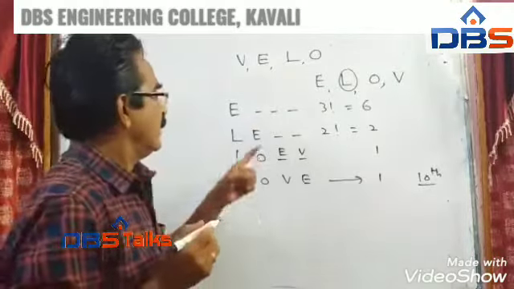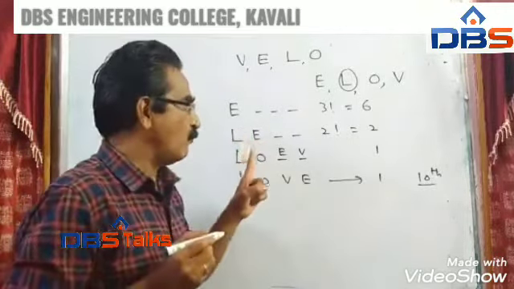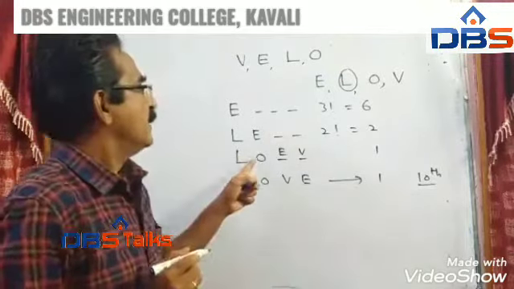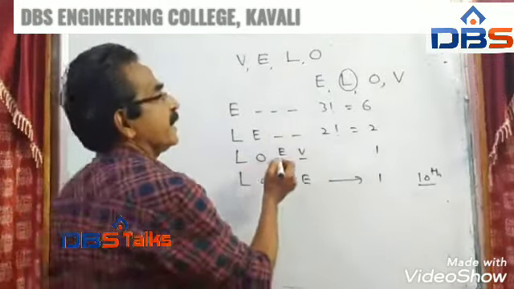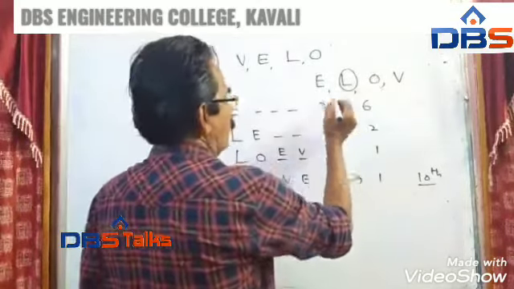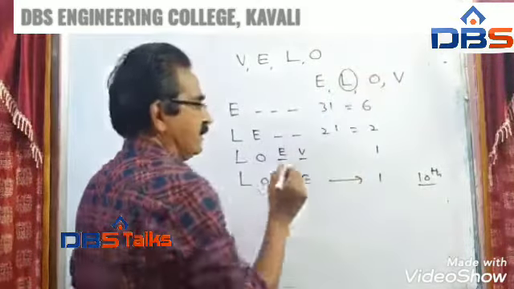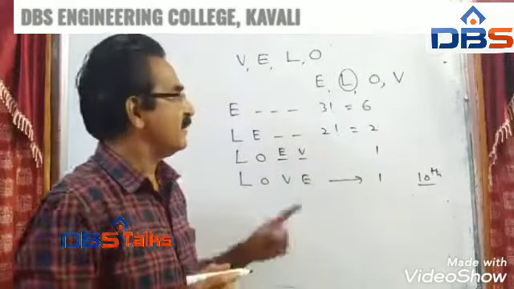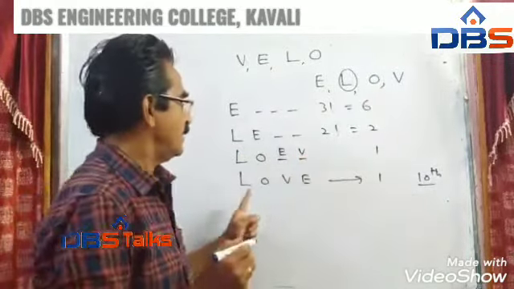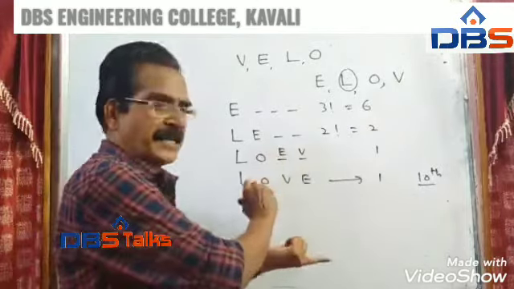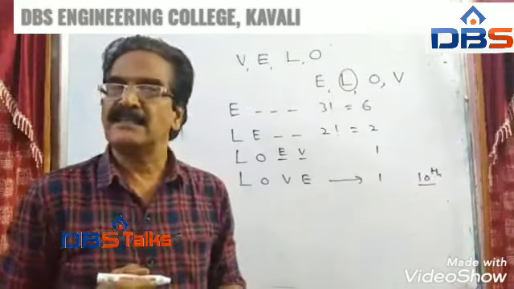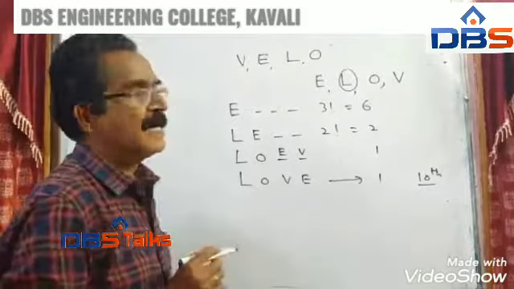Next we take LO. If we take L and O, then E and V are remaining. So LOEV is one word, that becomes the 9th word, and LOVE is the 10th word. So we require the 10th word. So the 10th word is LOVE.